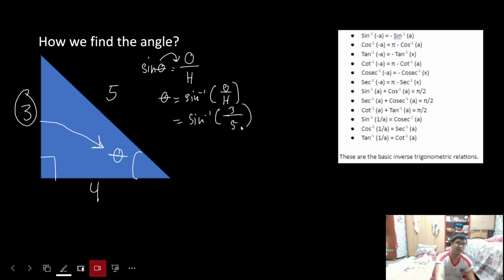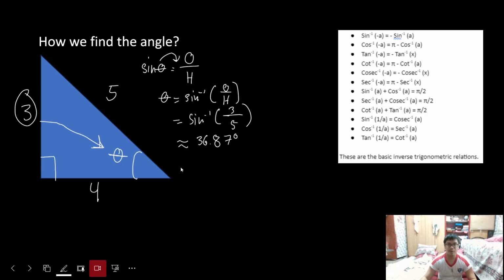So now let's use our calculator. So arc sine of 3 over 5, you will have approximately, at 2 decimal places, 36.87 degrees. Okay?